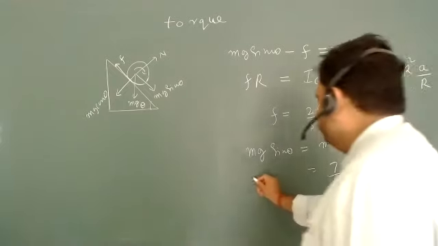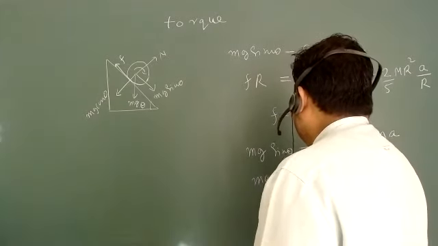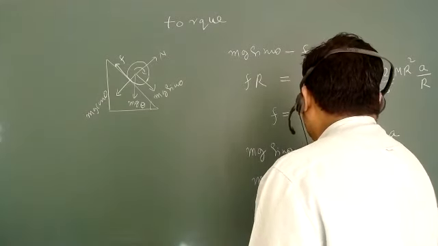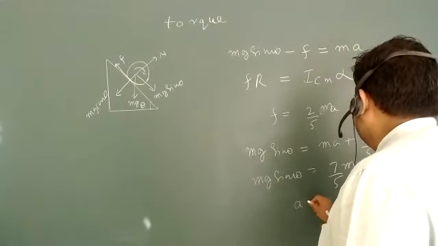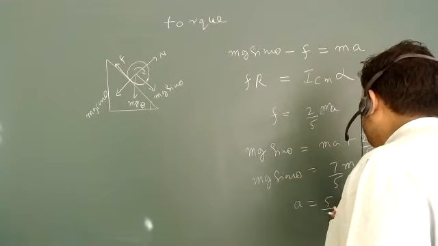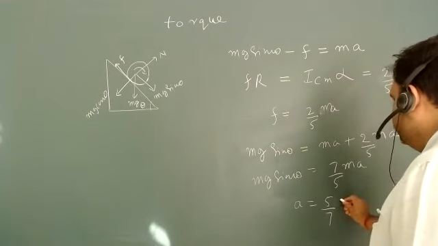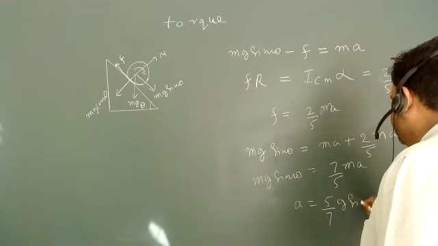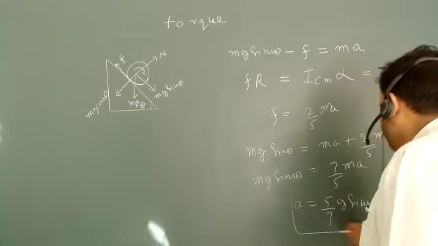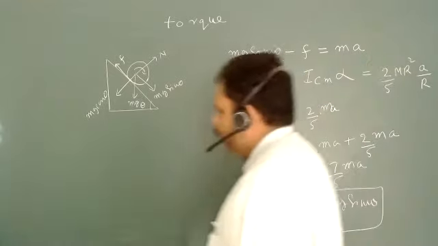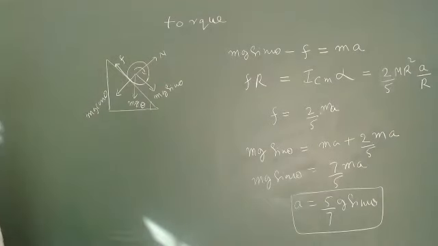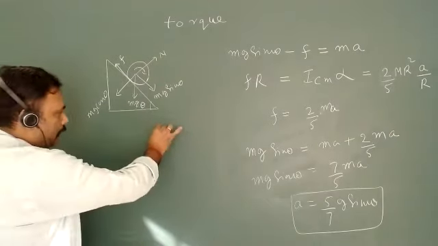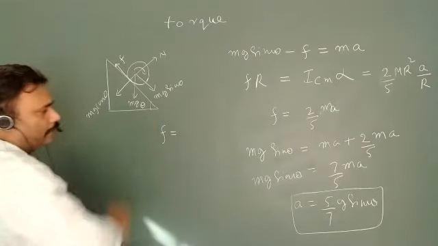So mg sine theta equals 7 by 5 m a, and now we can get the value of a. So a is equal to 5 by 7 g sine theta. This is my acceleration in this case. Now, if a is 5 by 7 g sine theta, what is my frictional force? This is my static frictional force.